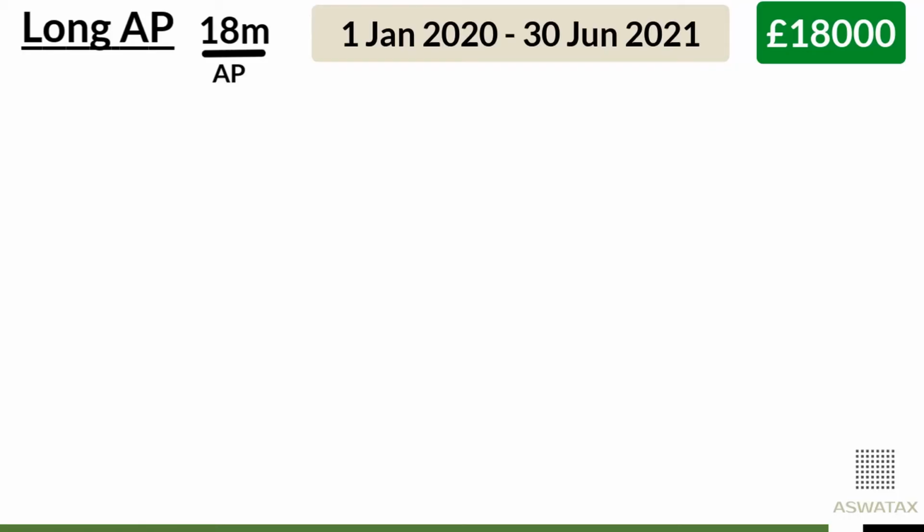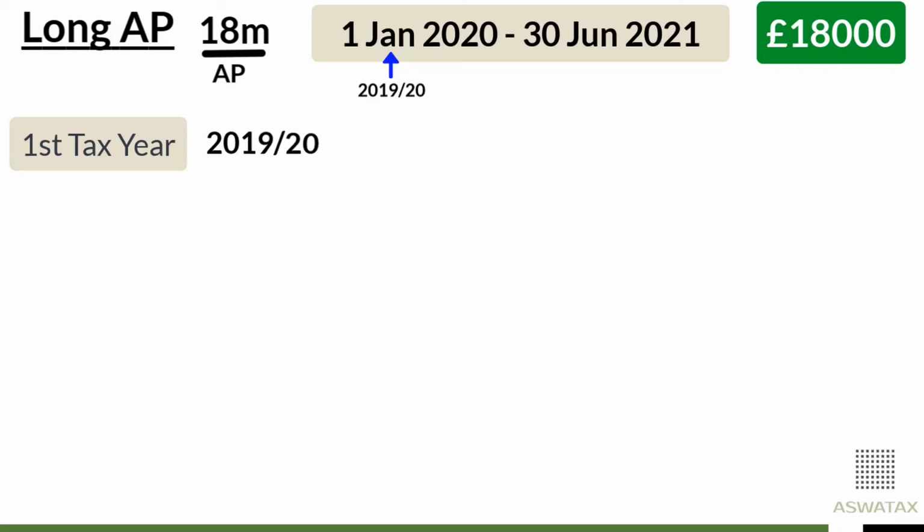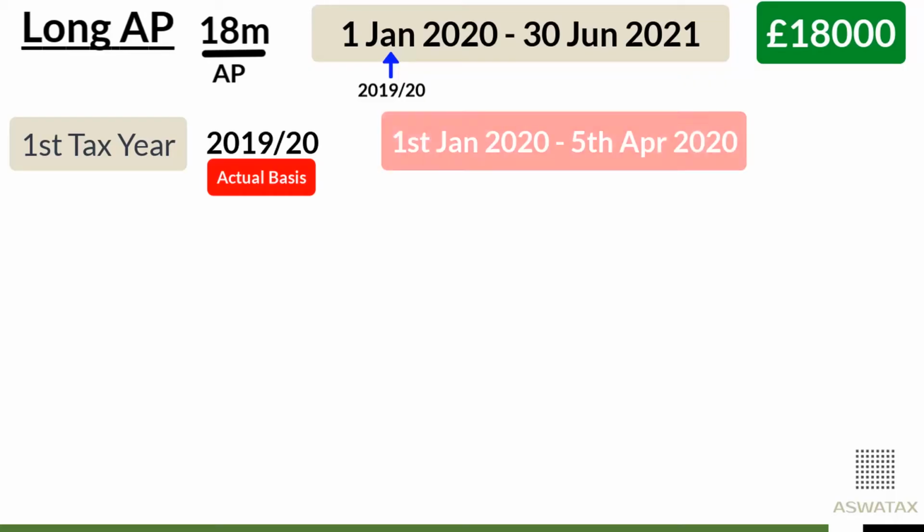Now, looking at the first tax year, what do we do? We look at the date of commencement, and we know that is 2020. So the first tax year would be 2019-20. And what do we do? You tax on the actual basis. What does the actual basis do? Effectively, you tax from commencement 1 Jan 2020 up until 5th of April at the end of the tax year.